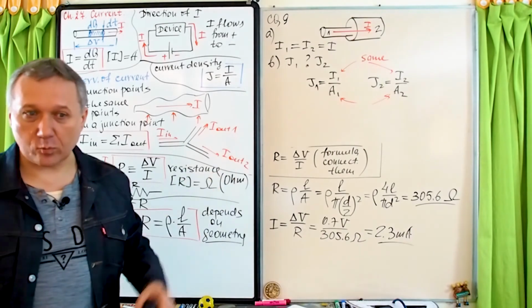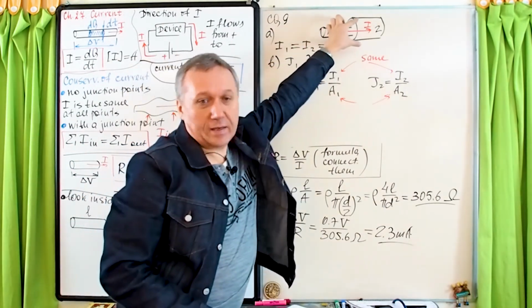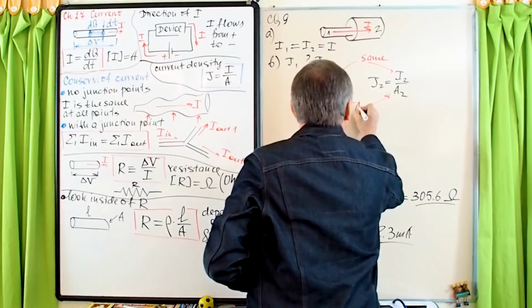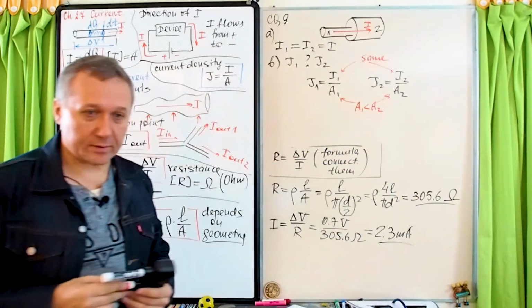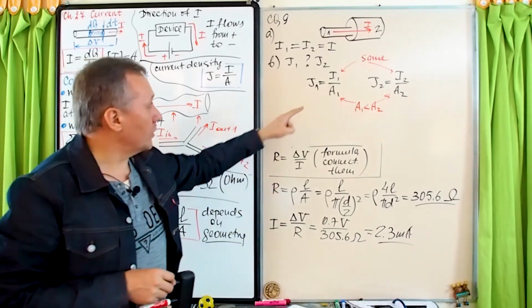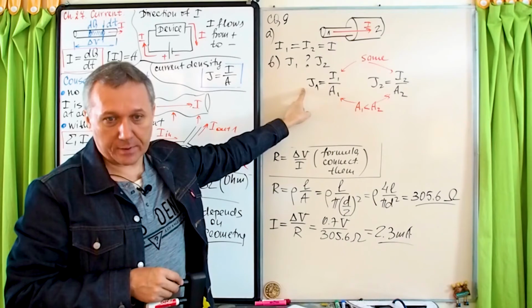And obviously A1 is smaller than A2 because it's given. Since areas are in the denominators, a smaller value of A gives us a larger value of J, current density.